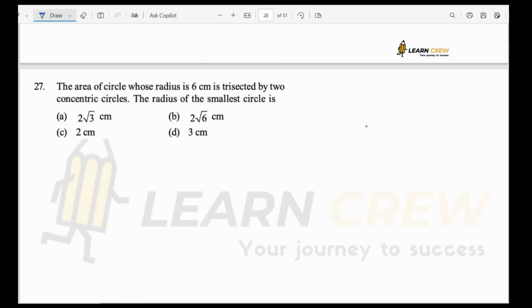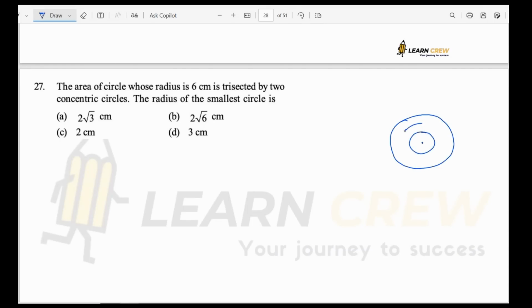Please see here. What do you understand from this? You are not even thinking this is a circle. The area of a circle whose radius is 6 centimeter is trisected by 2 concentric circles. Concentric circles means having the same center. This is one circle.